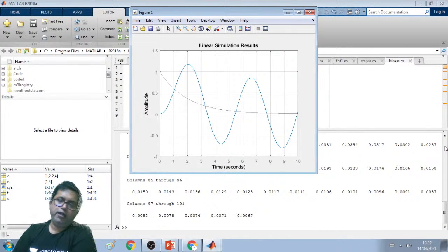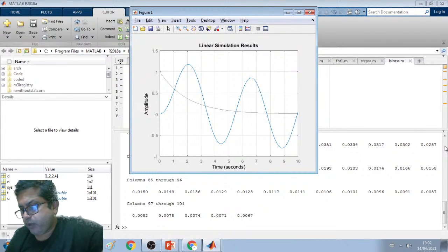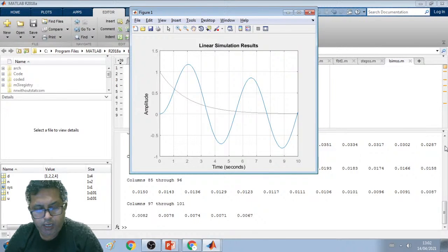So you can see the system response, linear simulation result. Okay, so this is one program we are running down. Let us see another example.